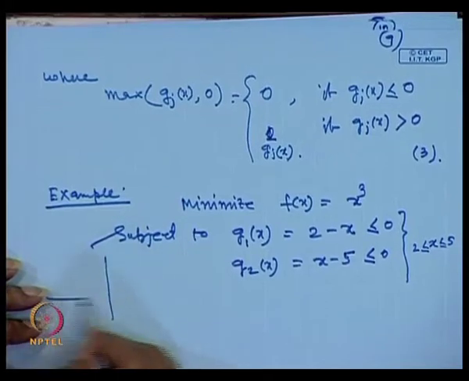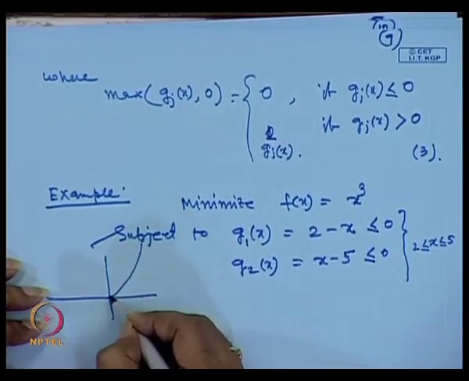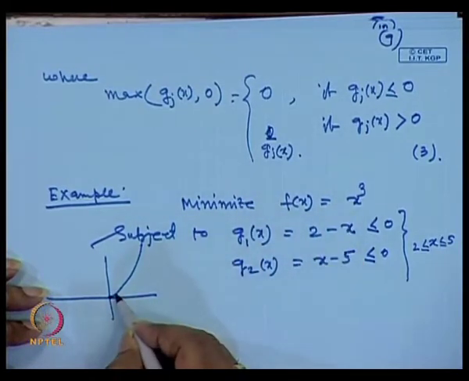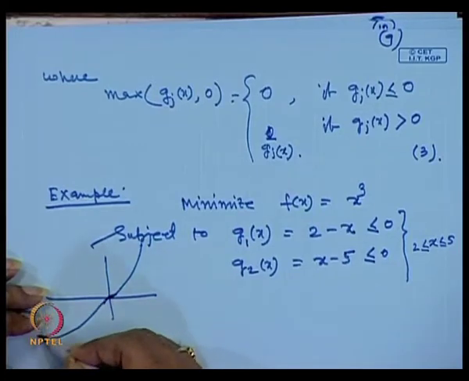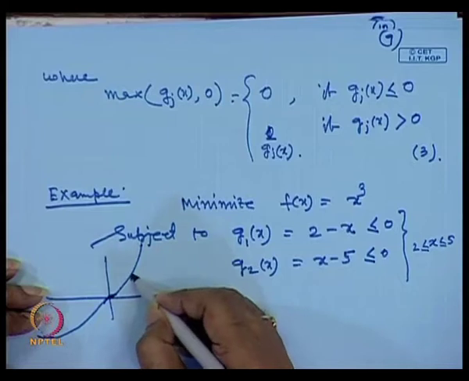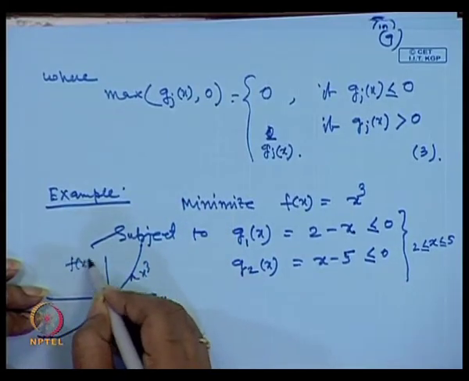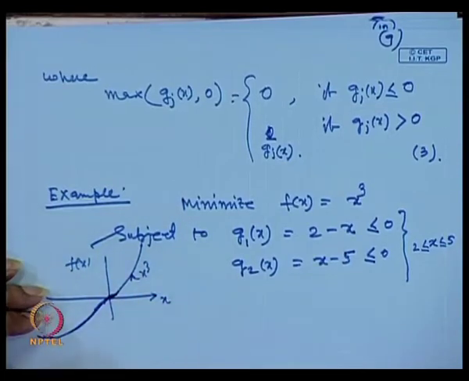If you plot this one, at x equal to 0, then steeply it is increasing this way, it is just a cubic form, this is f(x). Okay.